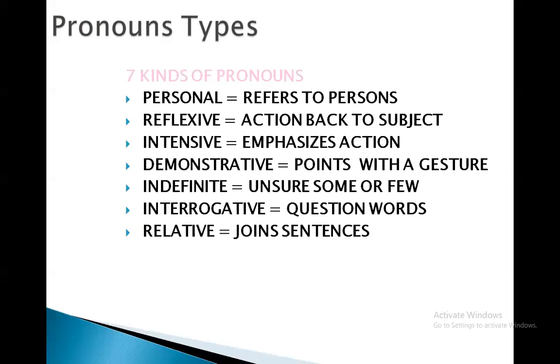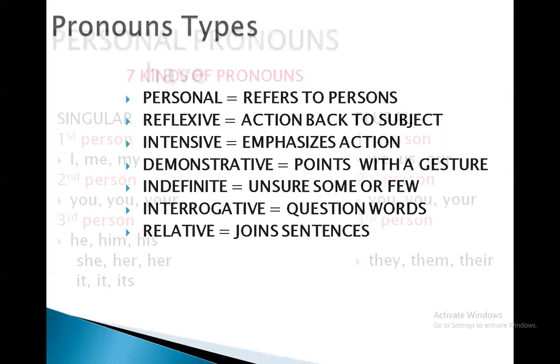A demonstrative pronoun is a pronoun which points with a gesture. An indefinite pronoun is a pronoun used for some or a few. An interrogative pronoun is a pronoun which is used for a question. A relative pronoun is a pronoun which joins sentences.